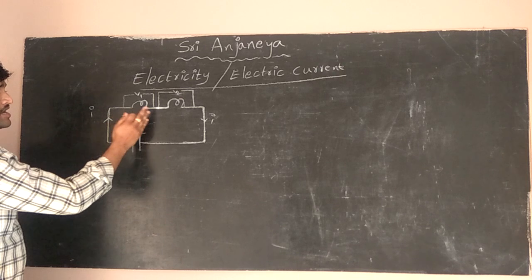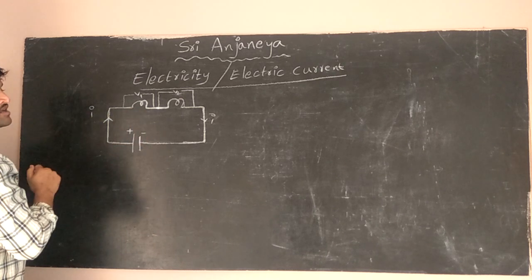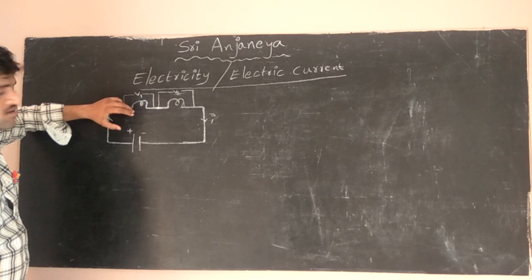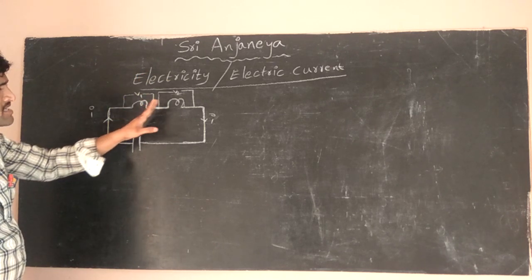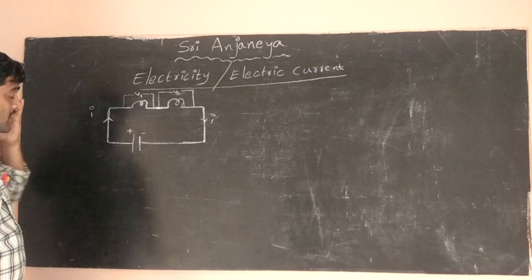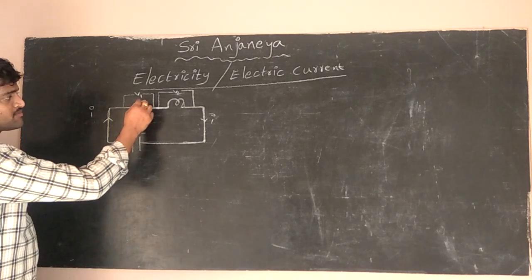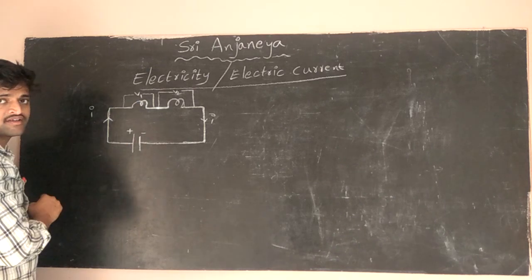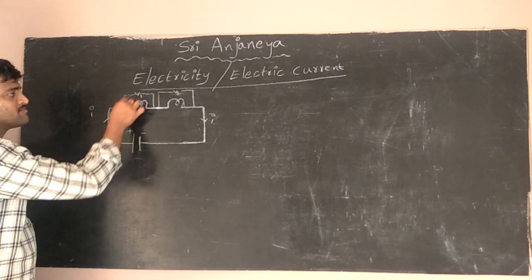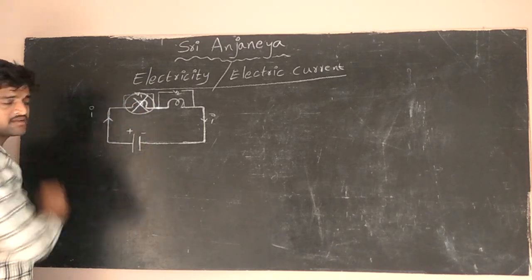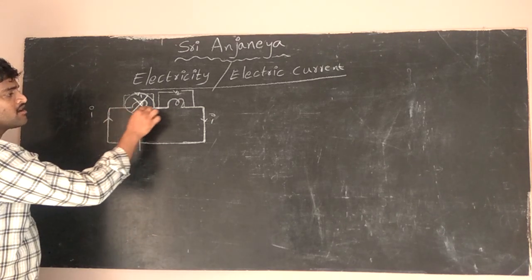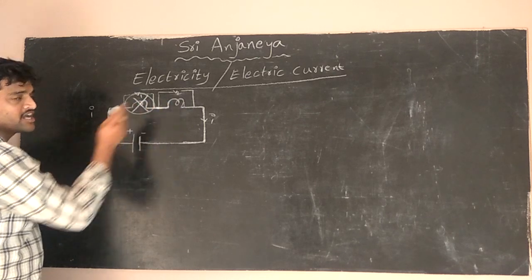So if one bulb glows, the other bulb also glows after obtaining the current from this bulb. Suppose the filament in this bulb is broken, then what will happen? This bulb does not work. Then the current does not flow from here to here. Why?